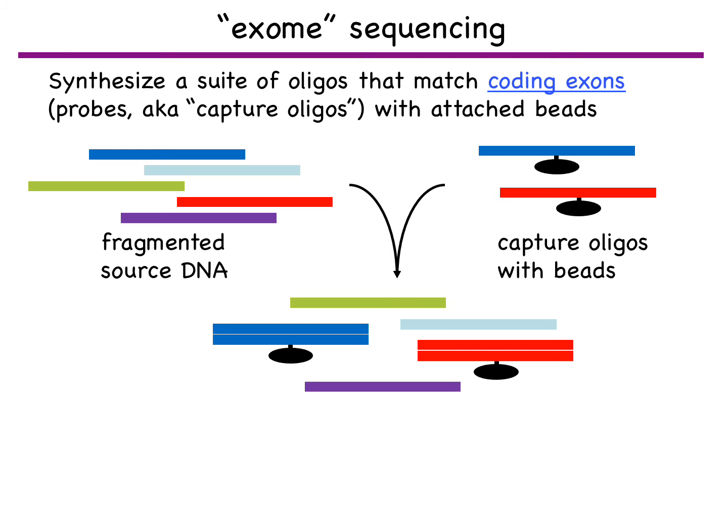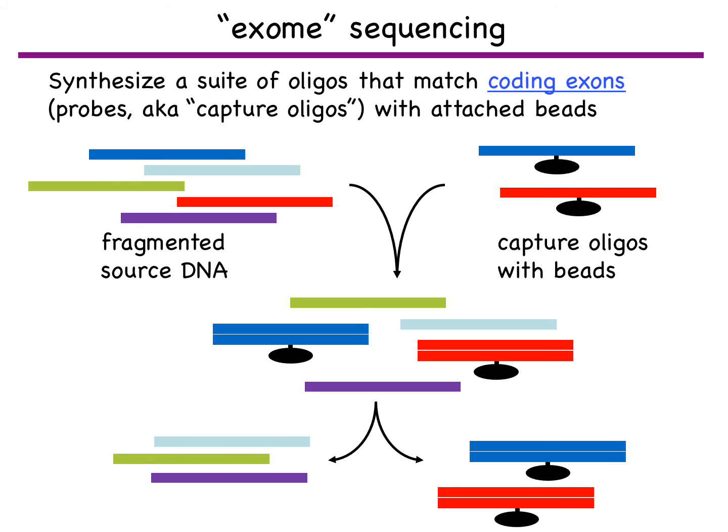sequences. And then if you suspend all of this, as this is all done in solution, you suspend this in a magnetic field, the beads are going to be held back, and the fragments of DNA that are not base paired to these capture oligos, they're going to wash through the column. So you discard all the fragments that don't base pair to your capture oligos, and you retain the capture oligos with the DNA sequences that they're complementary to, which in this case would be just the exons, the coding exons.